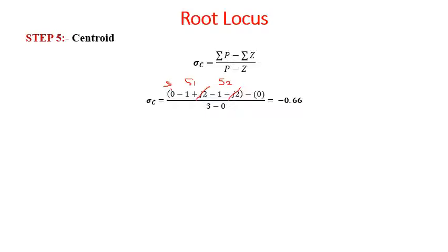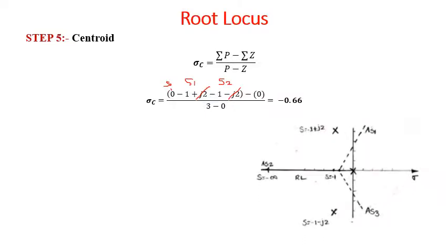This is the centroid. After getting the centroid, we have to locate the centroid. So you have already drawn this one. On the same diagram, you have located the root locus line also. We know this one is s equal to minus 1. This is s equal to 0.